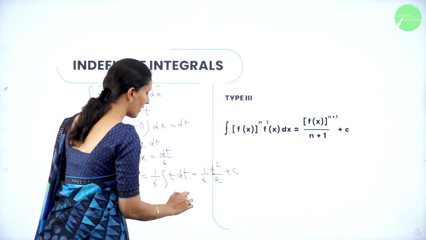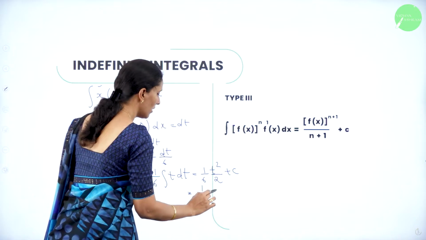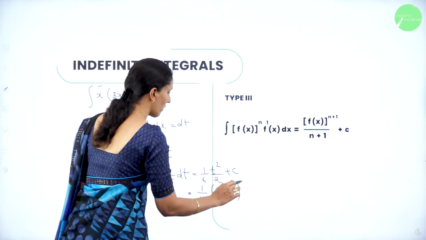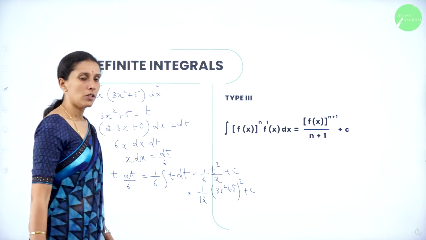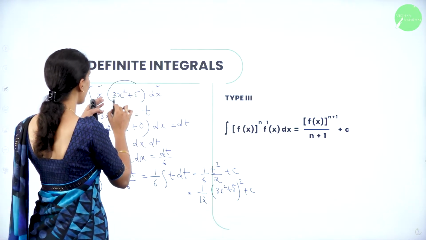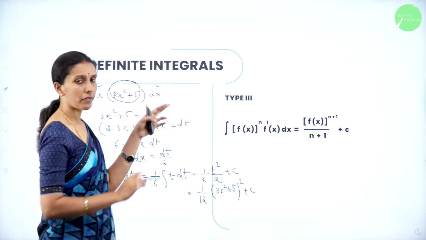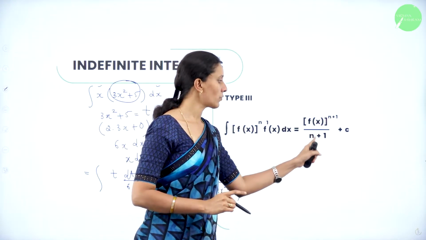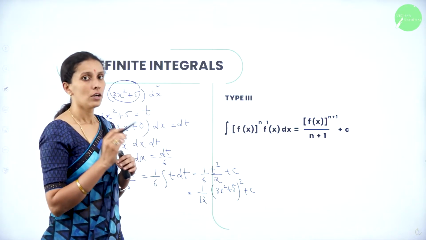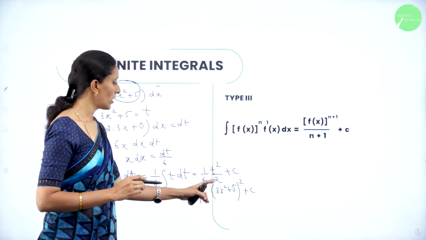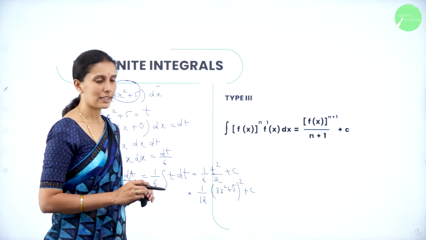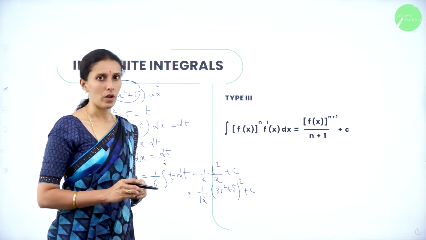So clearly you can write this as 1 by 12 into 3x square plus 5 whole square plus c. Look here, if you take this as f of x, what is the power of f of x? It was 1. Then according to the formula, you have 1 plus 1 by 1 plus 1, that is 2. So here 2, so here 2. Now since you have 6 here, it is multiplied with 6 and the factor becomes 1 by 12.